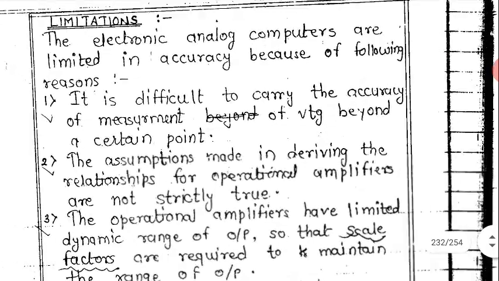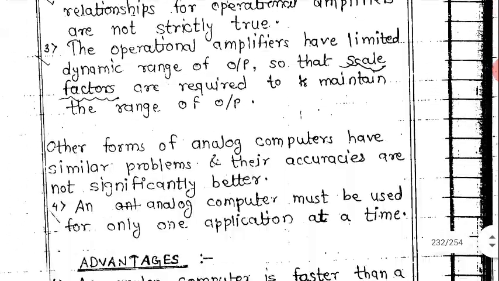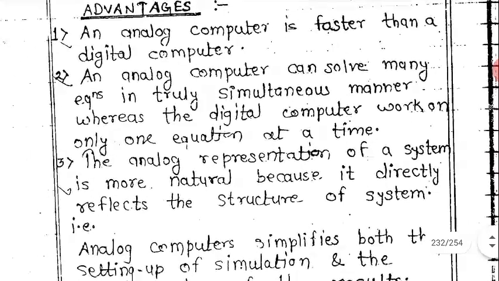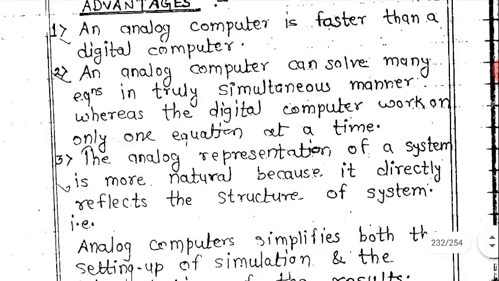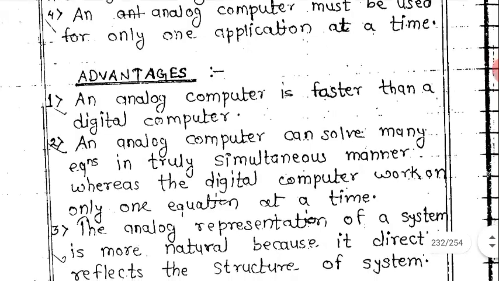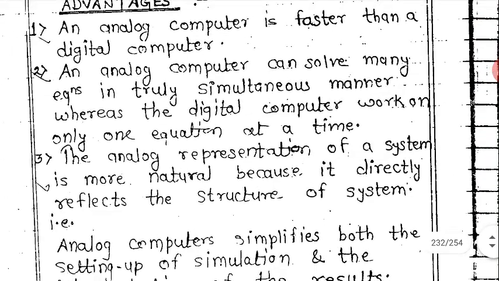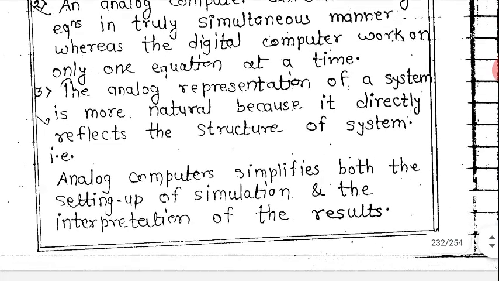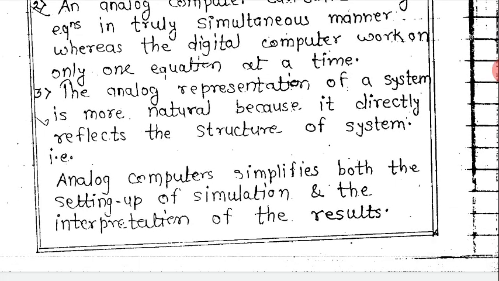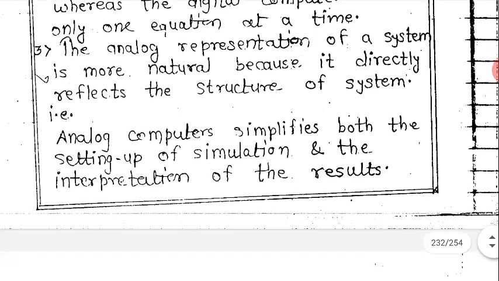Here we can see the limitations, but before that we will see some advantages. These analog computers are very much faster than digital computers. Why? Because in an analog computer we can solve many equations in a truly simultaneous manner. We can solve a number of equations at a time, whereas in a digital computer we work with only one equation at a time.